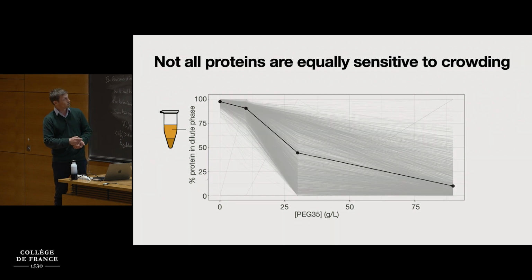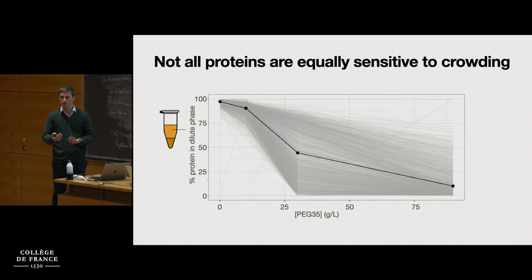Now, if you look at individual proteins, we actually see that we have quite some variability. There are some proteins where already more than 50% go into the separated phase with very little PEG, so if you increase crowding a little bit, and then some proteins really seem to resist going into this dense phase.